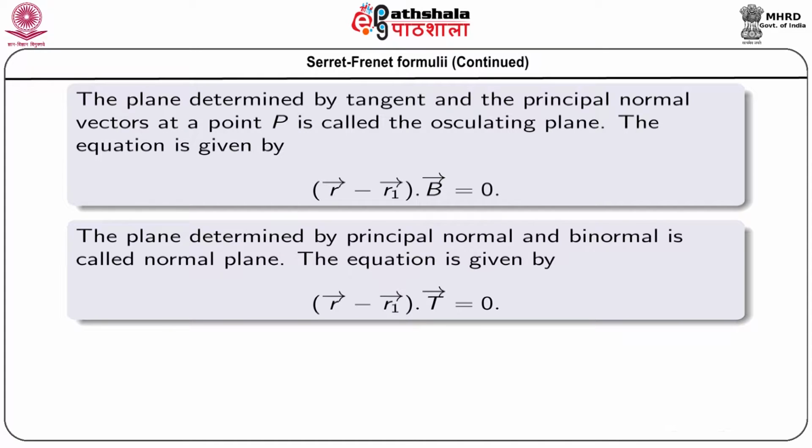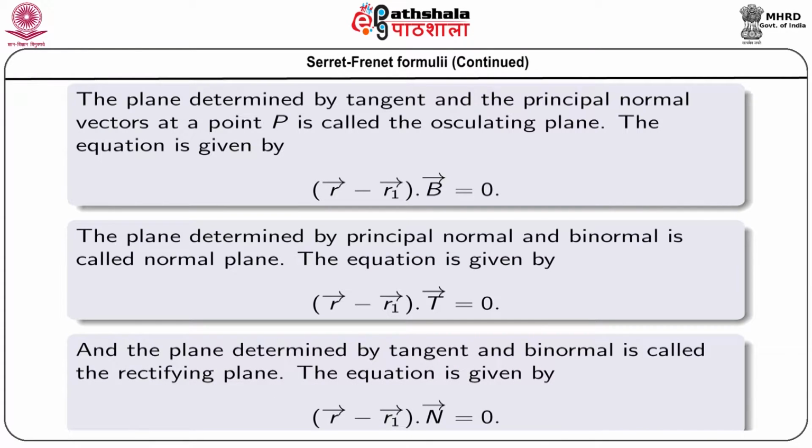So, in vector form, the equation of the normal plane will be (r minus r1) dot t equals 0, and the plane determined by the tangent and binormal vectors is called the rectifying plane, and the equation in vector form is given by (r minus r1) dot N equals 0.